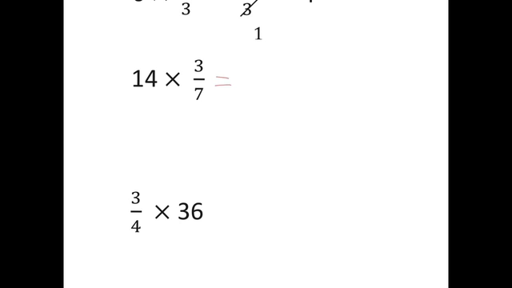Now we're going to start off the same way. 14 times 3 is up on top because 3 is going to be added 14 times. The 7 doesn't do anything when you add them; they stay the same. And now what I want you to know is that 7 has a compatible number. 7 can be divided by a number that 14 or 3 also shares.